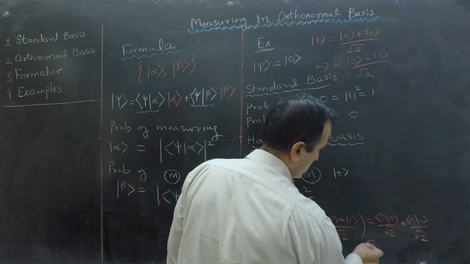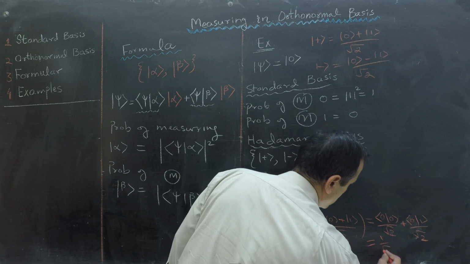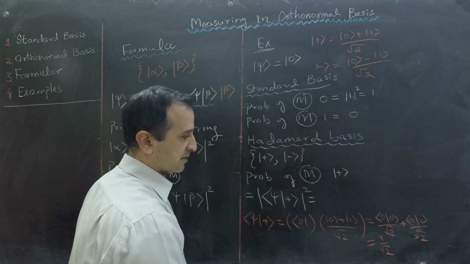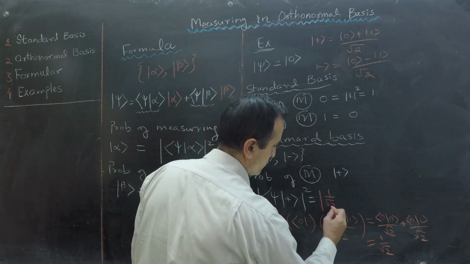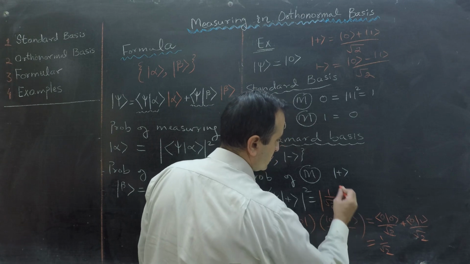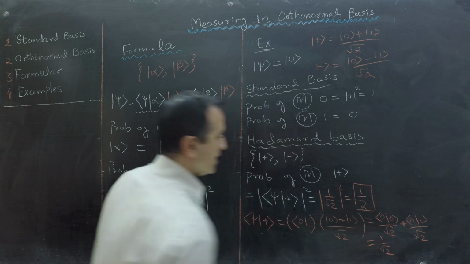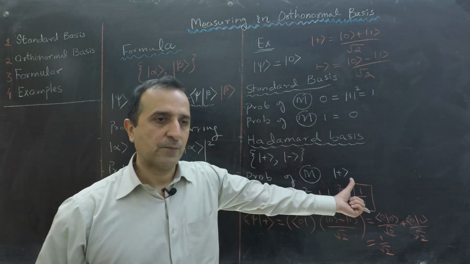So from here we get our final result of 1 over square root of 2. But we also have to take the square of our result. So let's take the square of 1 over square root of 2. So our answer will be 1 over 2. So in this case, the probability of measuring ket plus is equal to 1 over 2.